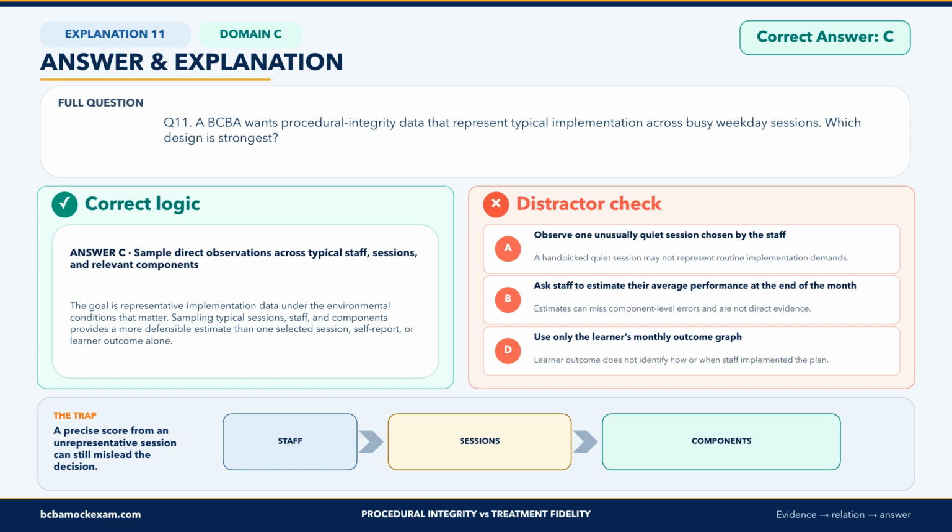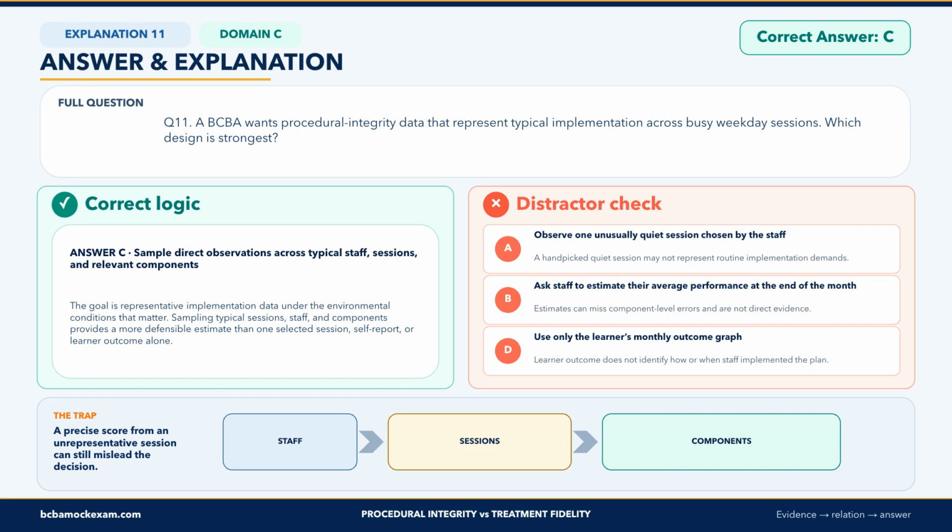The goal is representative implementation data under the environmental conditions that matter. Sampling typical sessions, staff, and components provides a more defensible estimate than one selected session, self-report, or learner outcome alone. The trap is that a precise score from an unrepresentative session can still mislead the decision.